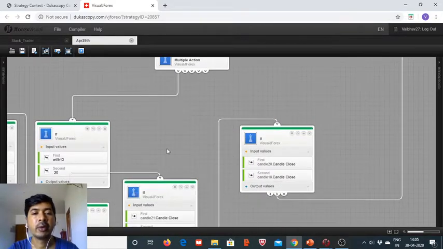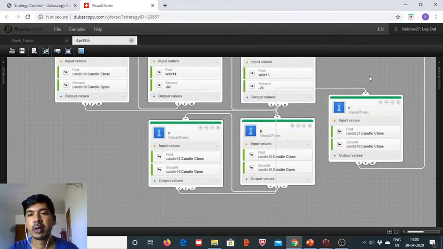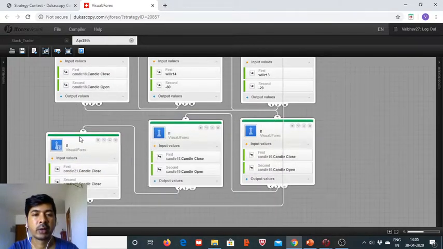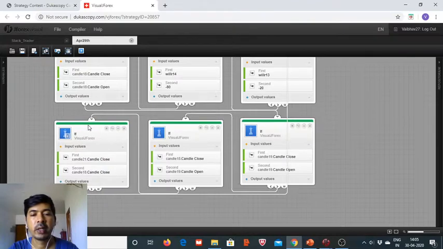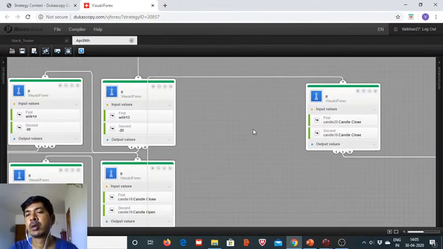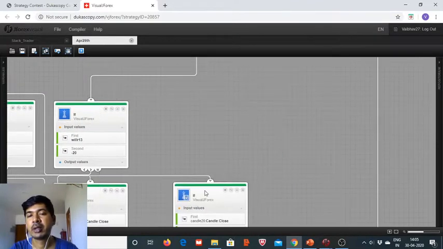So we have defined the necessary conditions which need to be in place before the algorithm can execute the trade.